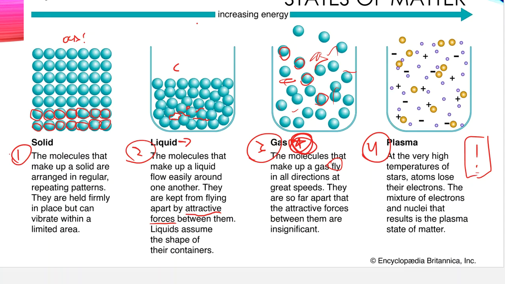All right, well, attractive forces. We keep talking about all of these attractive forces, and we need to talk about what that actually means. We need to define what an attractive force is all about. Well, okay, if I look at plasma, it says, at the very high temperatures of stars, atoms lose their electrons. The mixture of electrons and nuclei that results is the plasma state of matter.